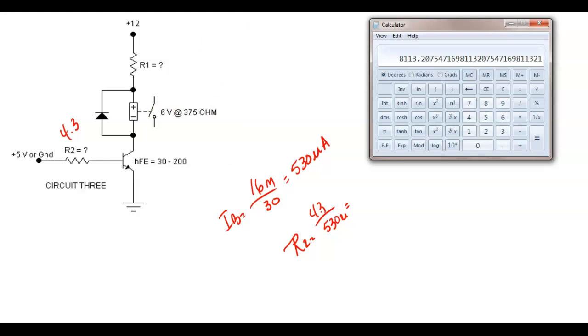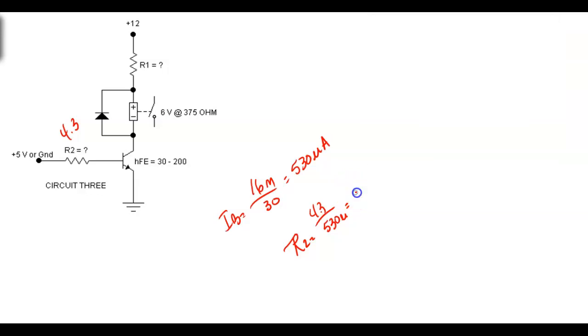I think there's a couple of problems with the key on this. So what size would we use? What's below an 8.1K? 7.5. That's the next thing down. The next one up is 8.2.